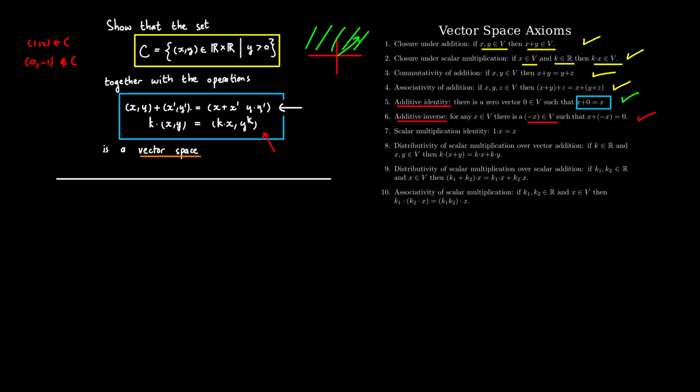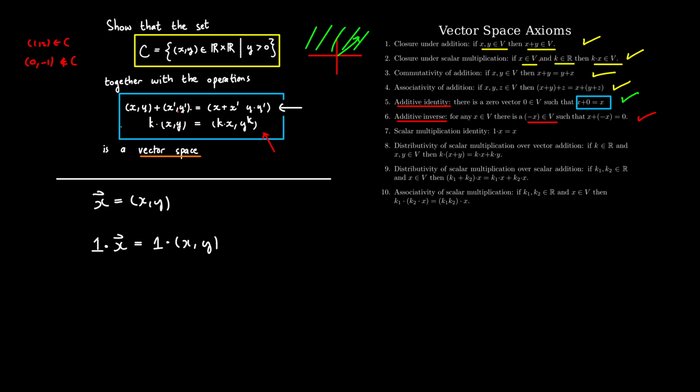If I take a general vector, so I define x here again, x comma y, and now we know y is strictly positive. And then I take 1 times x. Well, this is just going to be 1 times x comma y.